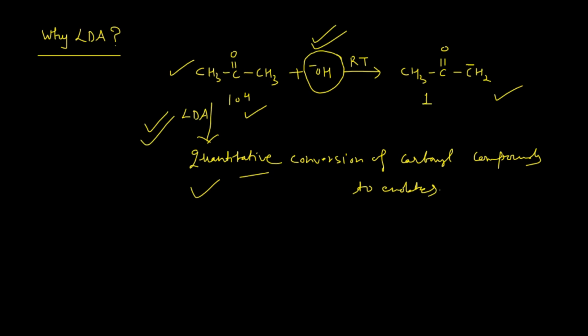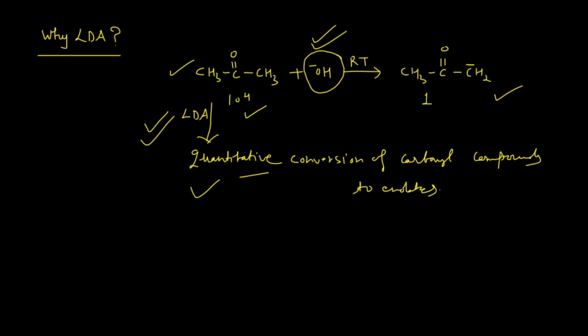Your LDA, lithium diisopropylamide, quantitatively converts the carbonyl compounds into the enolates, while the strong bases like hydroxides, although they are not stronger than LDA, also do the same conversion of carbonyl compounds into enolates, but to a very limited extent, as I have explained.